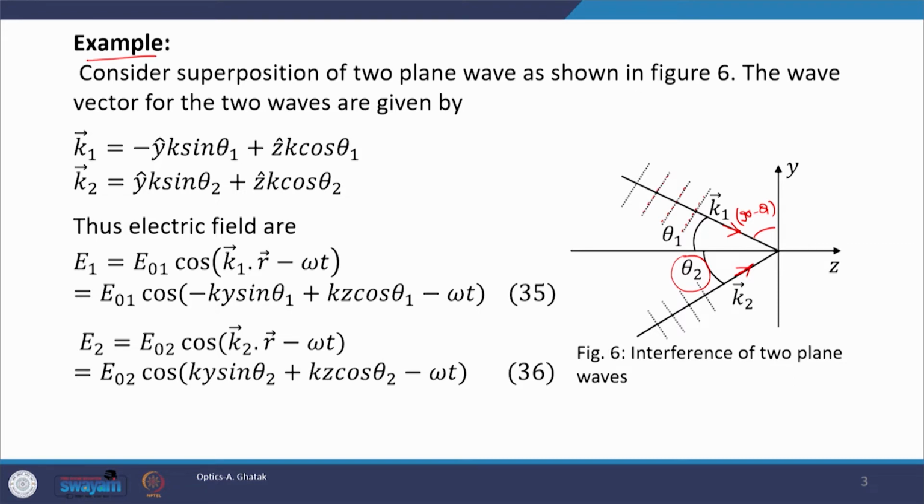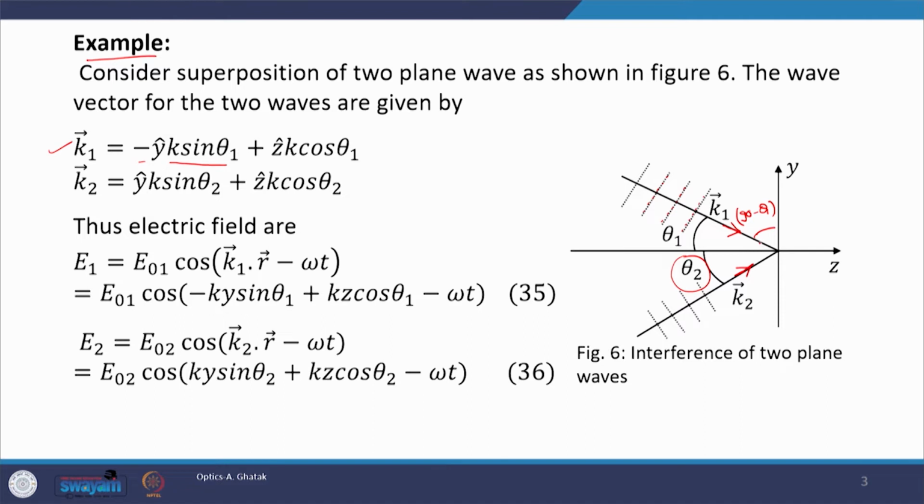Therefore, they are represented by dashed straight line. Now, let us go into the expression of k1. Now, k1 is expressed as k sin theta 1 into minus of y cap. Y cap is unit vector along y axis.